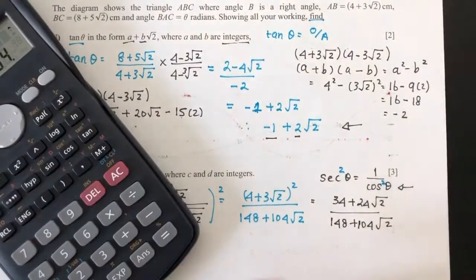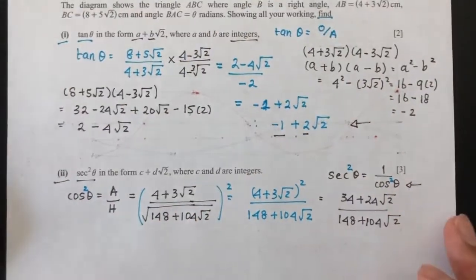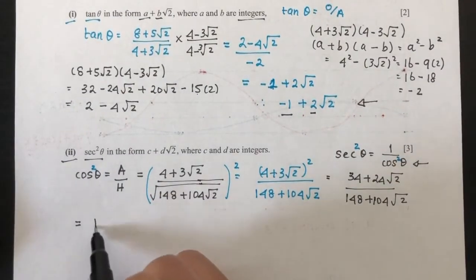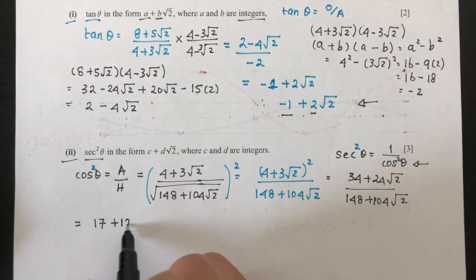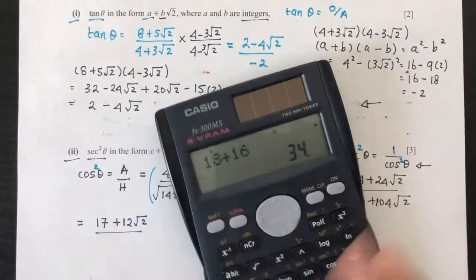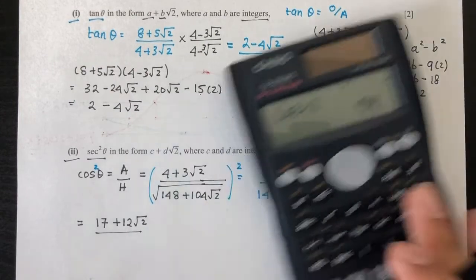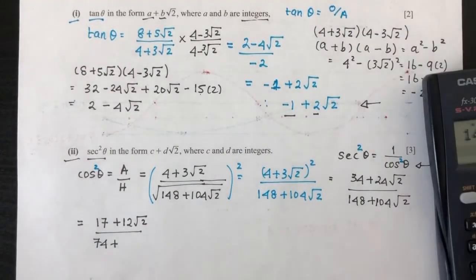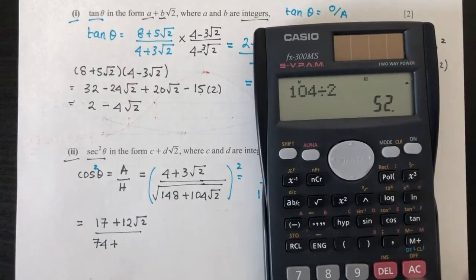So let's see if we can divide by 2 everywhere. You will have 17 plus 12 root 2 divided by, 148 divided by 2 is 74, plus 104 divided by 2, that should be 52 root 2.